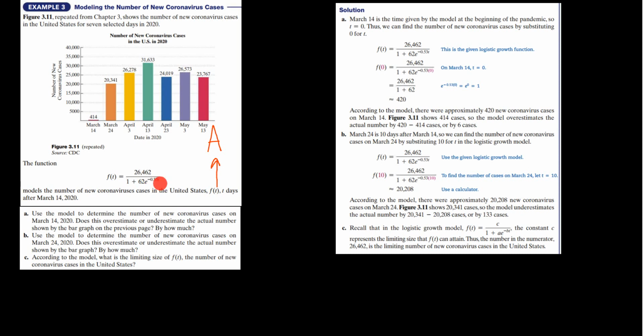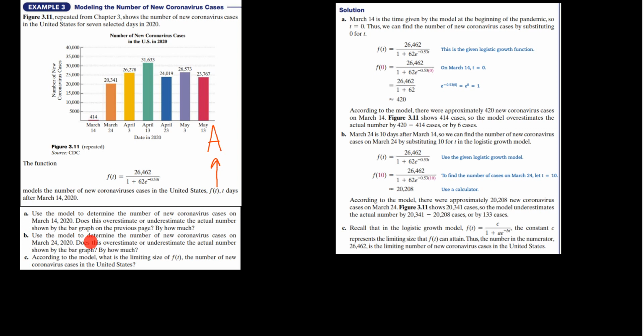And e to the 0th power is 1, so 62 times 1 is 62, plus 1 is 63. So we end up with 26,462 divided by essentially 63, and we get 420. So according to the model, there are approximately 420 new coronavirus cases on March 14th, and that's just the initial amount.